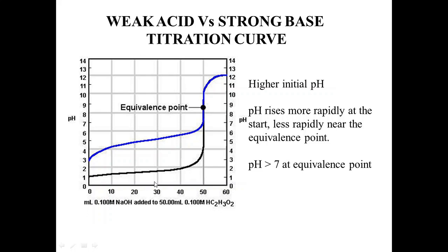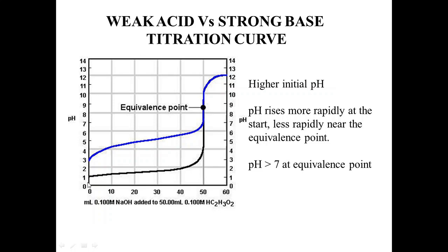The curve in black refers to the one which we have seen in the previous slide, the strong acid, strong base titration curve, and the titration curve in blue refers to the weak acid, strong base. So you can see clearly the differences between the two.